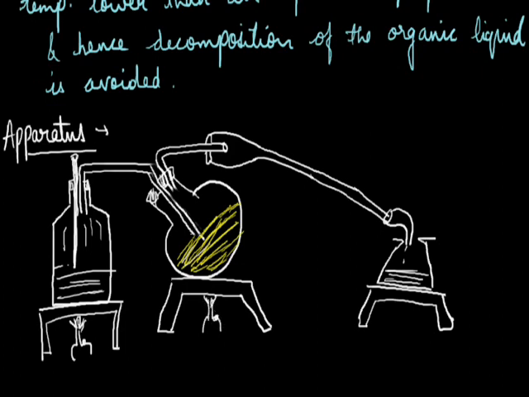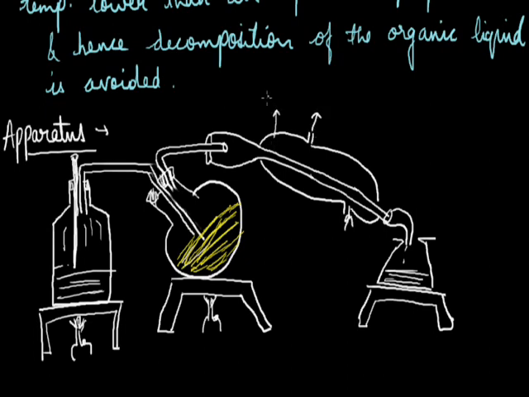The steam which is entering will provide energy to the system, means there will be heat in the system, and this heat will make the liquid vaporize, as it is volatile in steam. Then it will pass through this tube into this condenser, and the Liebig condenser has a water inlet and outlet pipe. This is the water inlet pipe, okay, and this is the water outlet pipe.